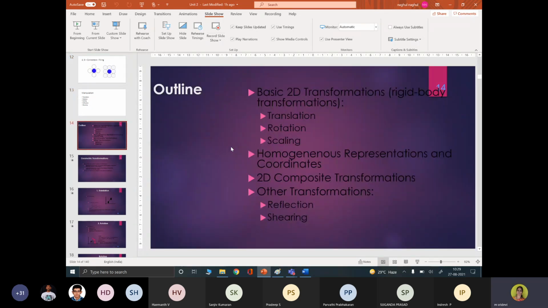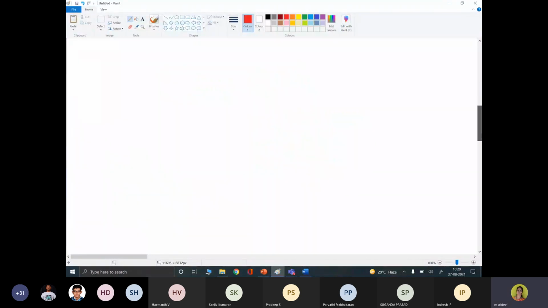Now again to transformations. The first transformation we are going to discuss here is translation. If you have an object and you want to move it to some other location, then you have to go for a translation.